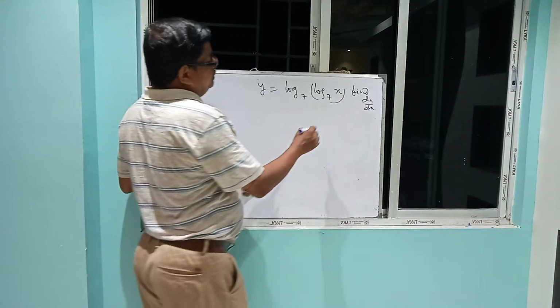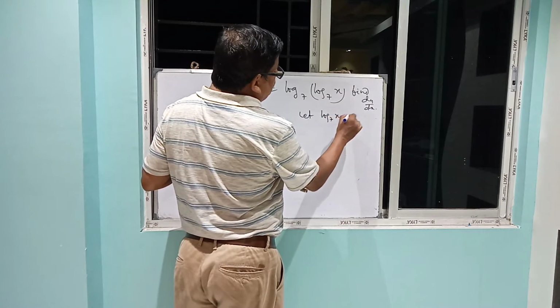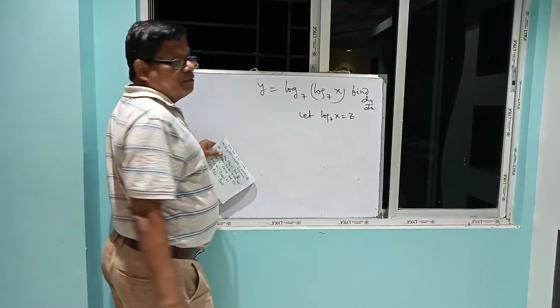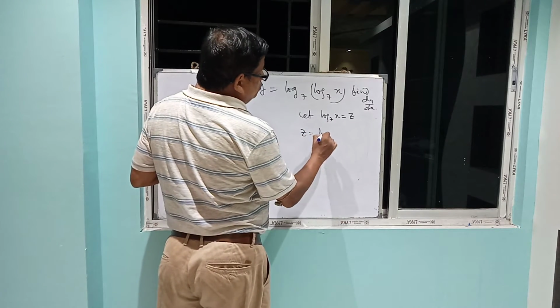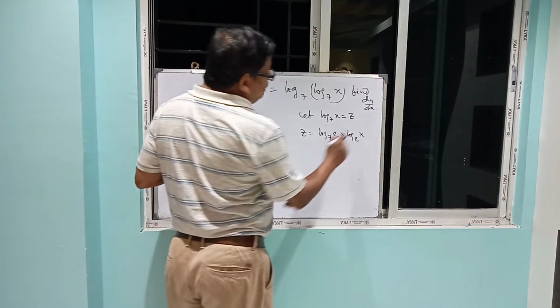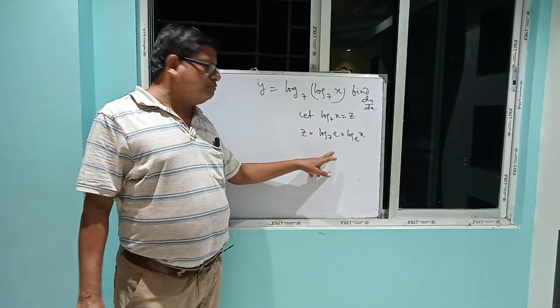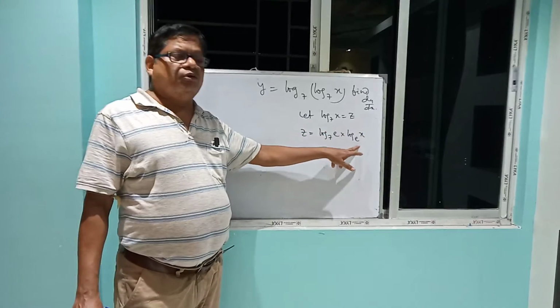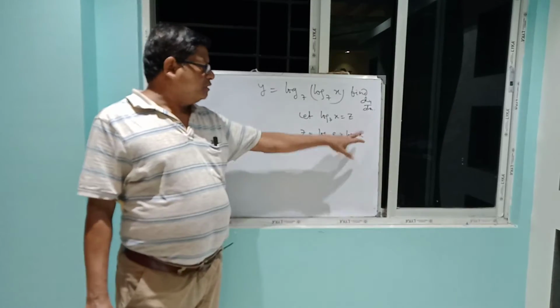So write here let log 7 base x equal to, suppose, z consider. Okay, now we can write z equal to log base e of 7 by log base e of x. We can write now, see, according to log property, log e by log 7 plus log x by log e. Log e cancel, log base 7 base x is there.